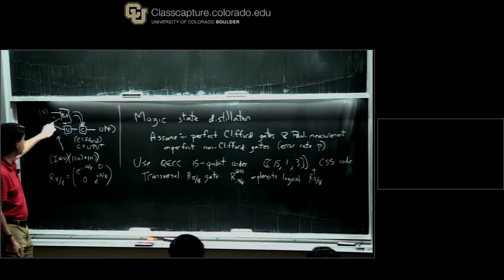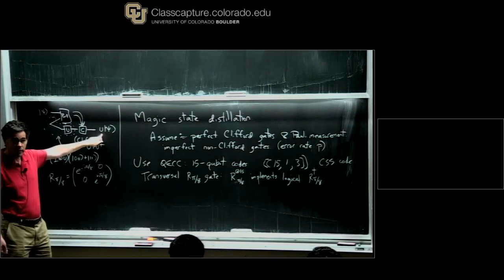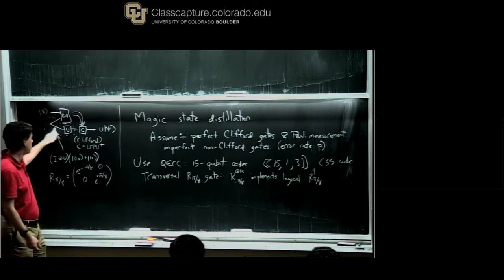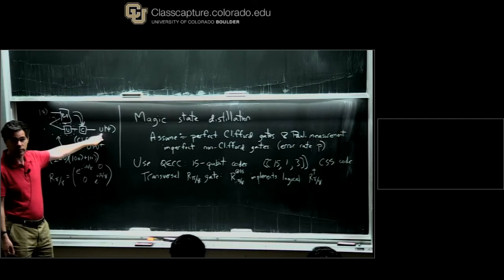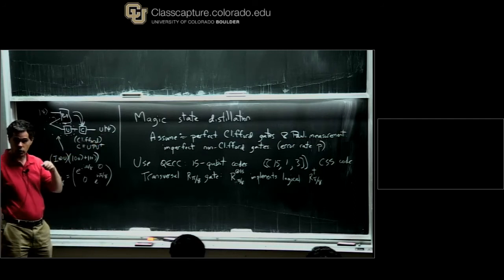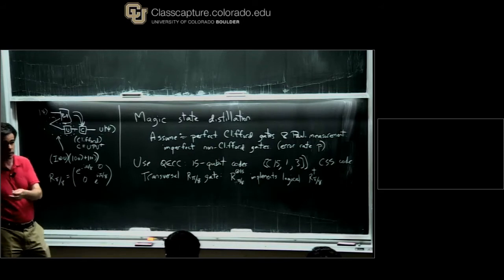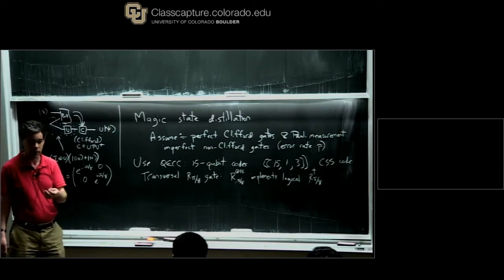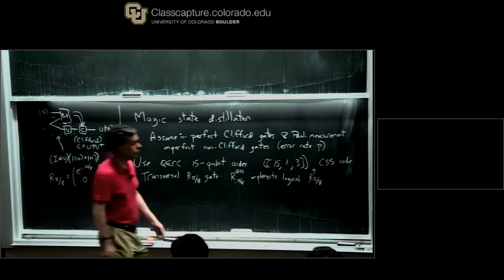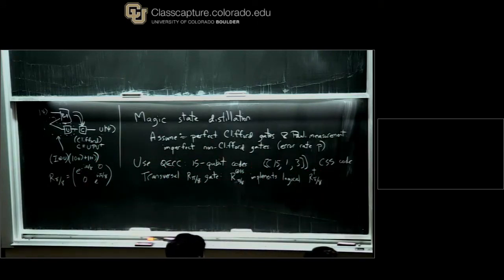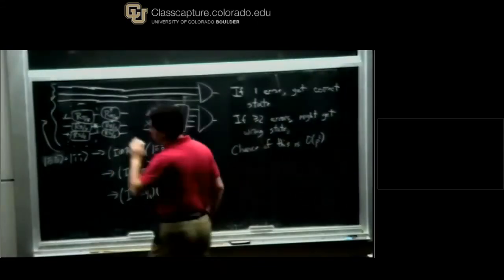Now, if the state is good, if it doesn't have any errors in it, we'll get exactly the pi/8 gate out. But if the state is wrong, then we might get something else. So the possibility of an error in the magic state corresponds exactly to the possibility of a fault in the pi/8 gate. Okay? So this is then a magic state distillation procedure.